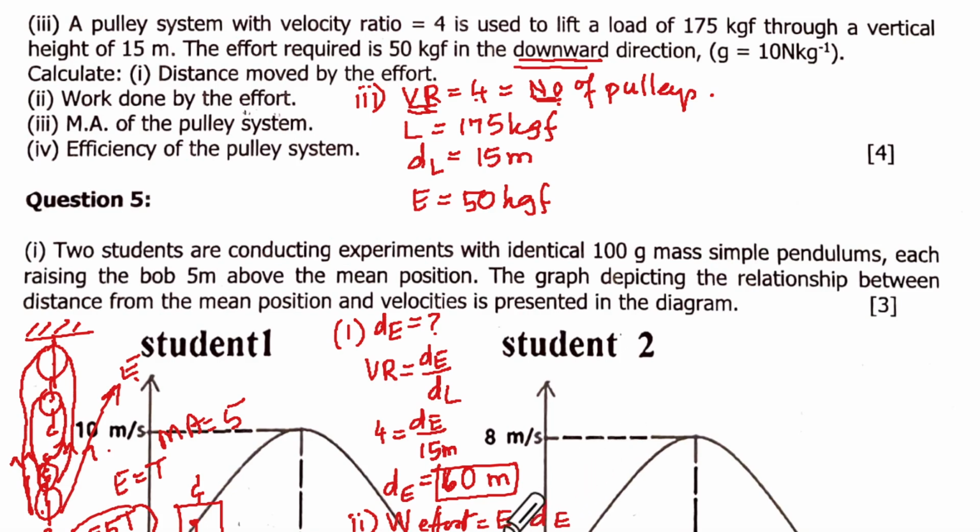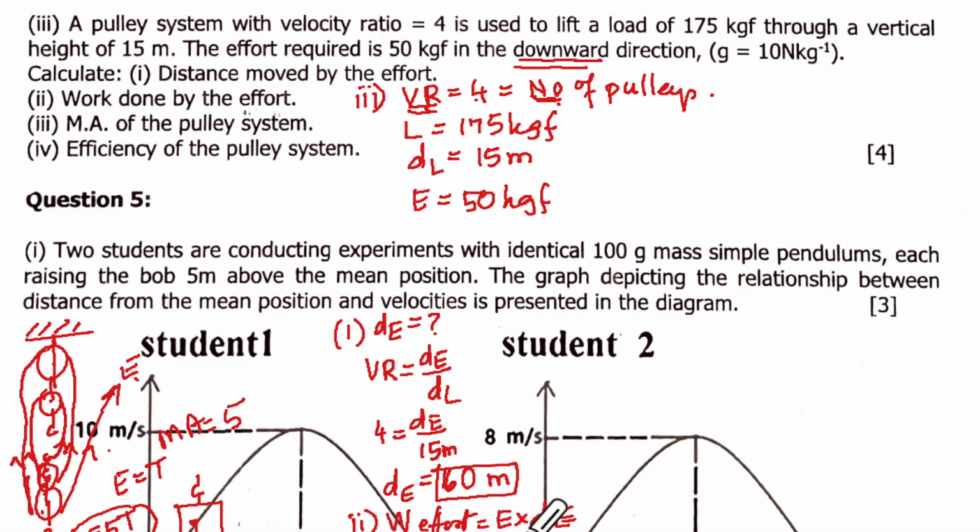No. What will I have to do? I will write this as 150 kgf multiplied by 10, correct? M into G, because mass of the effort will be 50 kg. Is it 50? Yes. Why did I write 150? And you all didn't say anything.